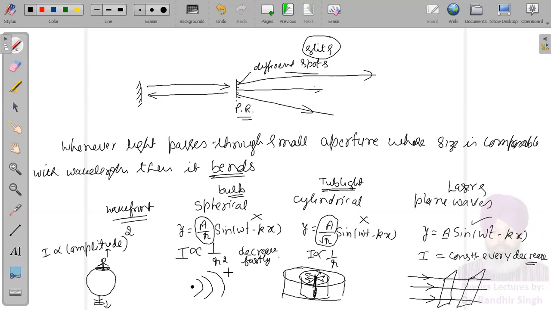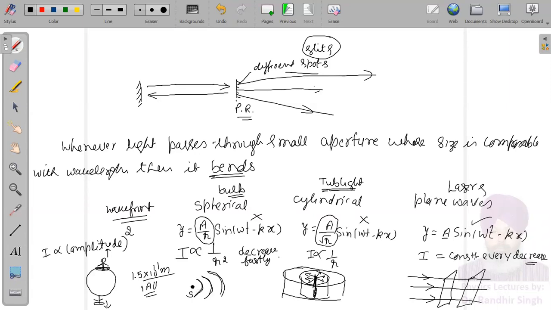So whatever you are seeing is because of the fact that the distance between Sun and Earth, which is approximately 1.5 into 10 raised to power 11 meter, also called 1 astronomical unit, is very large. At a large distance you can see this is a sphere, this is a sphere, this is the source.